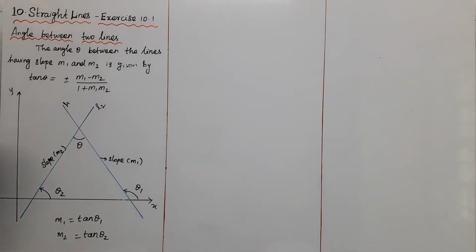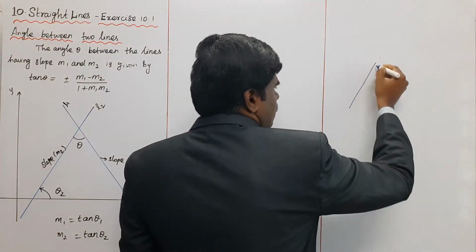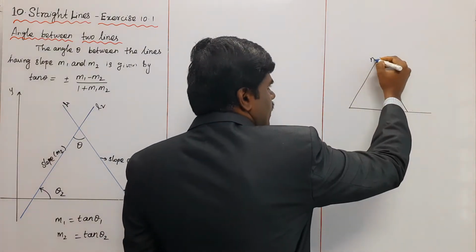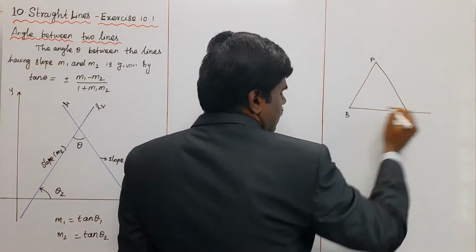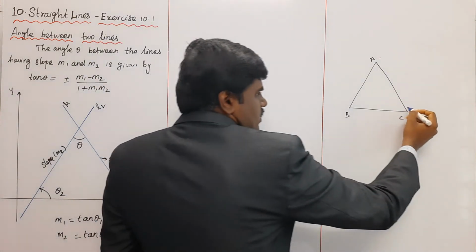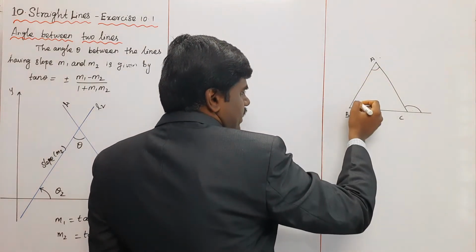Now you see that in a triangle, you know that formula, already studied in 9th standard. In a triangle ABC, this angle is the exterior angle and these are the interior angles.